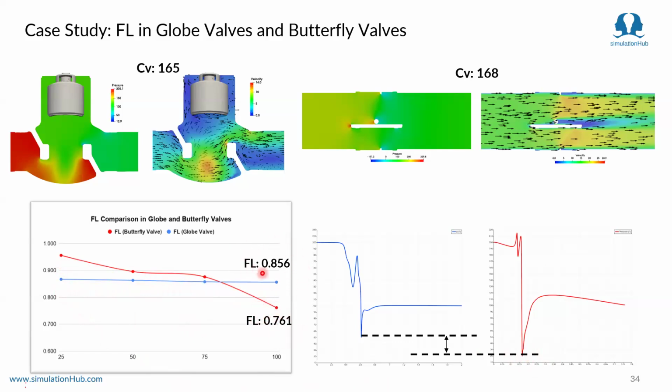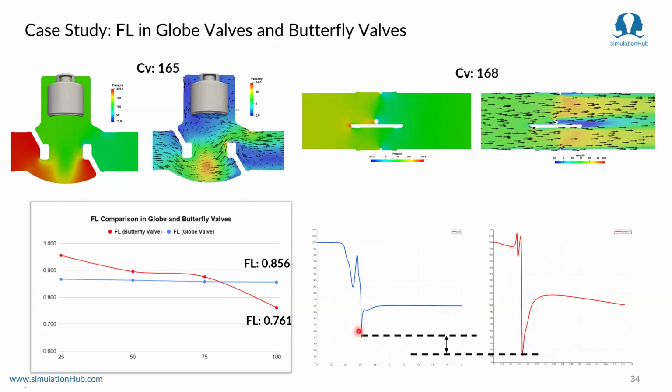And obviously this is because of the internal geometry of the valves. A fully open butterfly valve is essentially a straight pipe, whereas in a globe valve, the flow path bends at the trim before traversing downstream. We can also see in the plot, which represents the pressure across the length of the valve, that compared to the butterfly valve, the pressure recovery is lower in the globe valve.